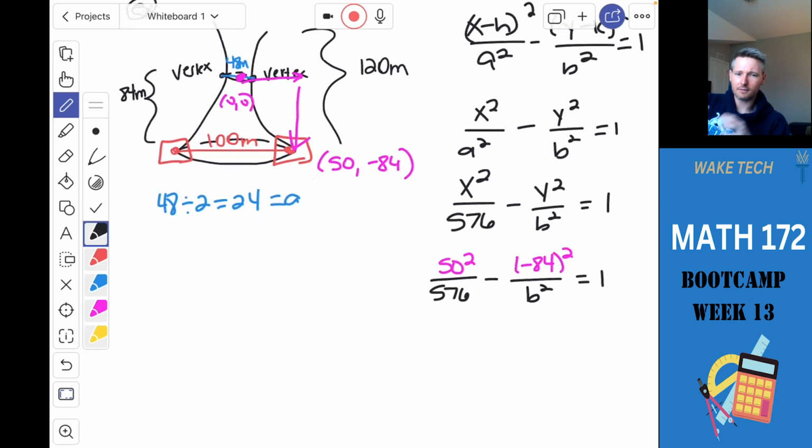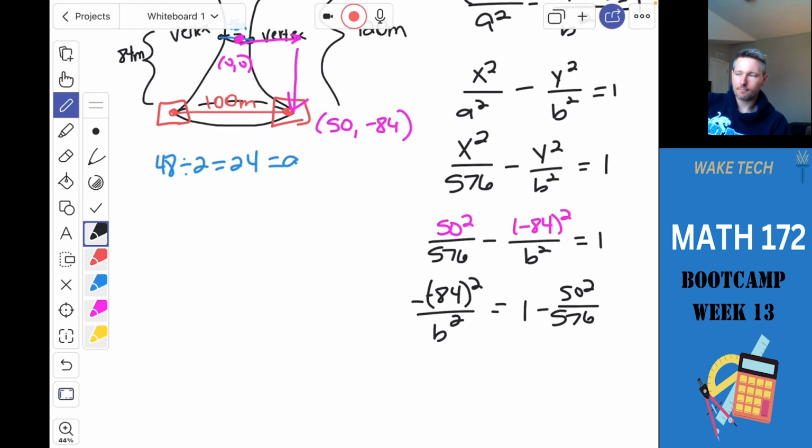I'm not going to square these numbers, I'm just going to do more rearranging for the moment. But what I'll do first is subtract 50 squared over 576 from both sides. We need to solve for b squared.